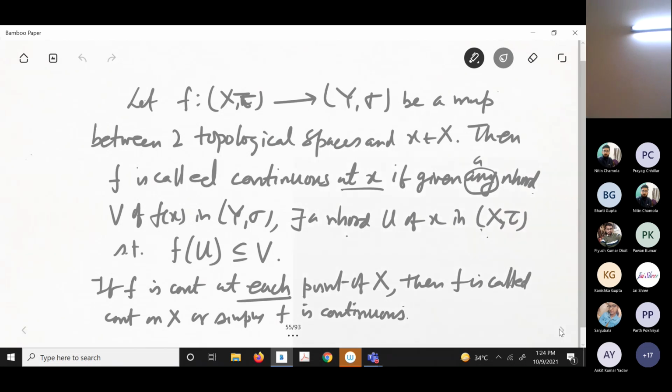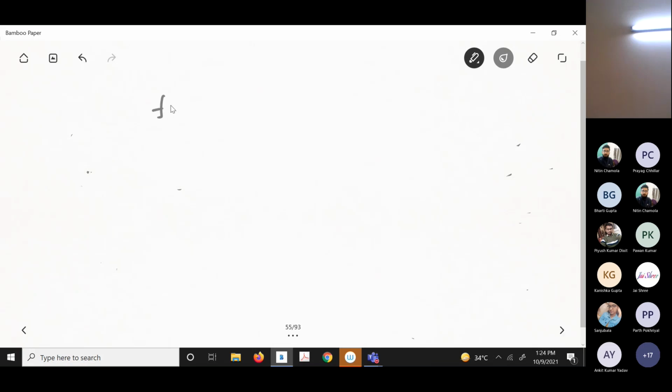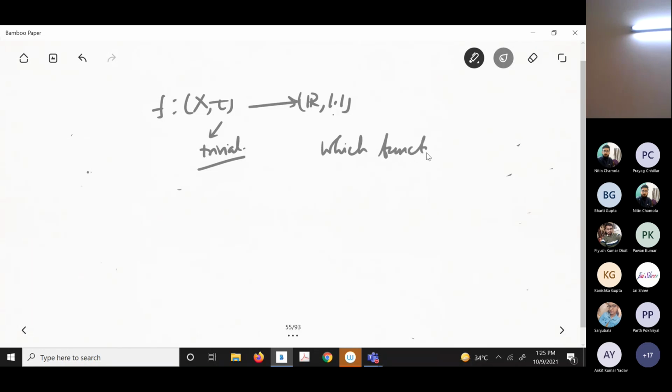Now look again at two examples. Suppose you have real-valued functions, where the metric gives you the metric topology. So suppose tau is trivial. Which functions will be continuous? Assume X has more than one point.